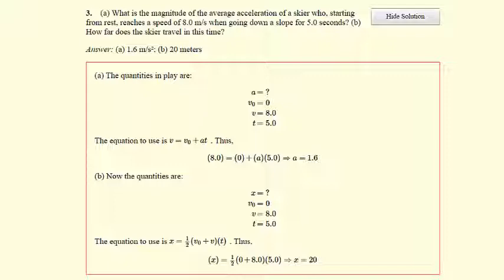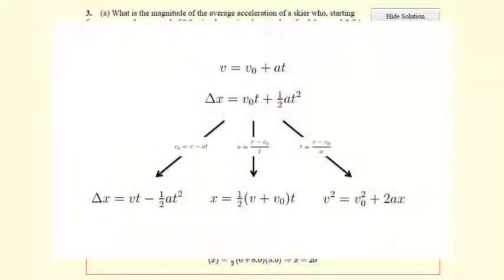Step 2 is, based on this, I should be able to figure out which one of these equations I'm going to use. If you look closely, each one of these equations always involves 4 variables, and they're always a different set of 4 variables. I've got v, v0, a, t, no x. Then x, v0, t, a, no v.